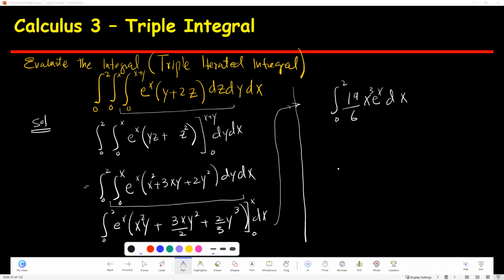I'm going to take the integral for this one.